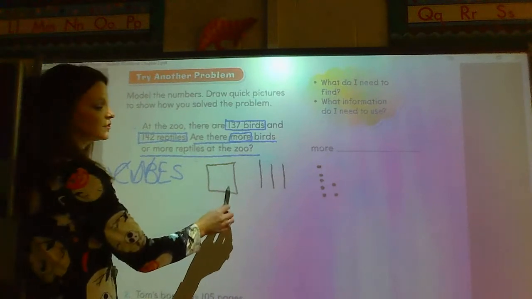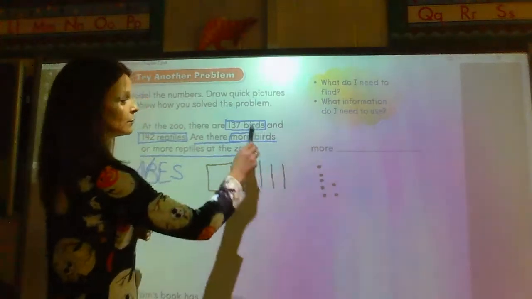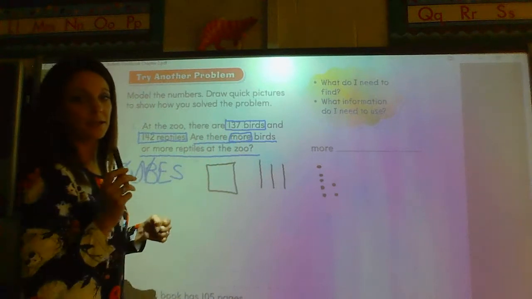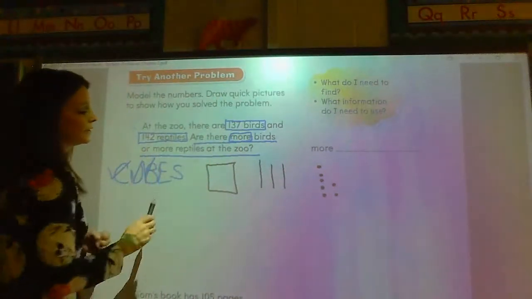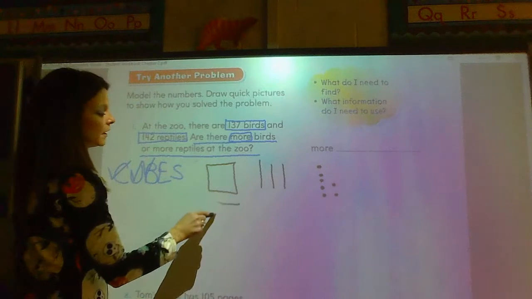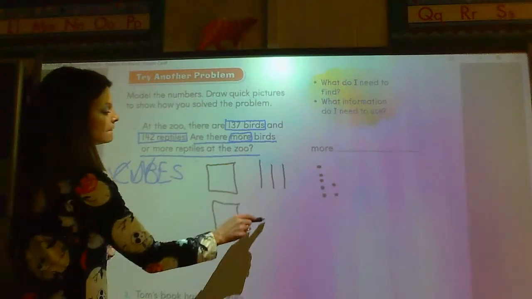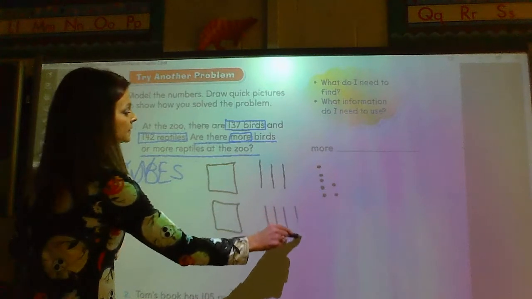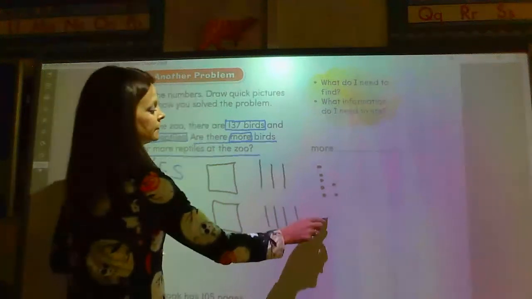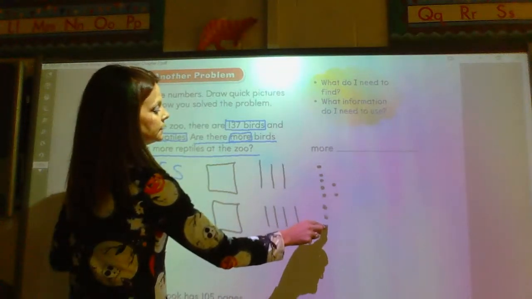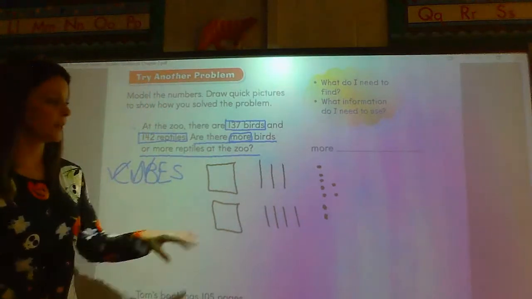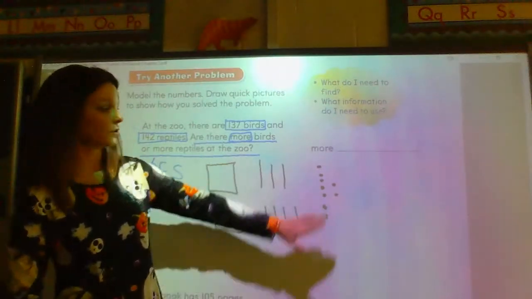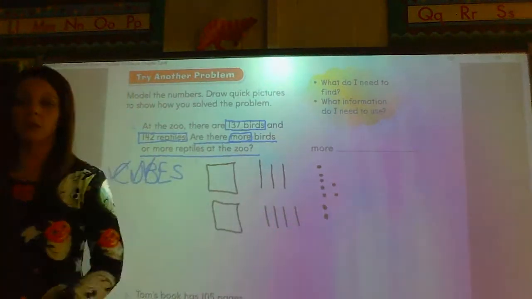We just drew 137 to represent the birds. Now we need to show the reptiles. I see 100, 4 tens, and 2 ones. Now it's important that we don't put them close together so it doesn't look like just one long string of dots.